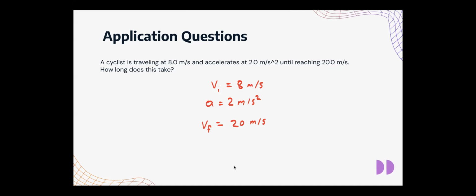So we have our three variables laid out that we know for sure, and we are trying to find how long it takes, so let's put t equals question mark. The change from the final and the initial is 12 meters per second, right? Because we're trying to find how long it takes to speed up from 8 to 20, correct?